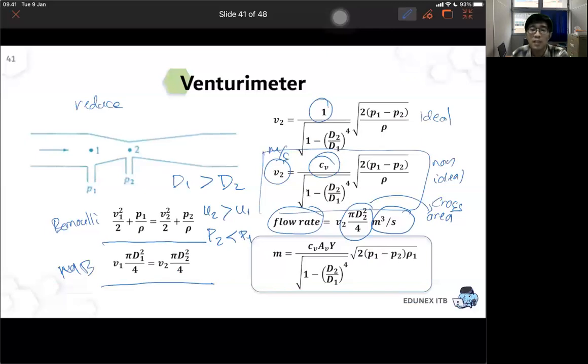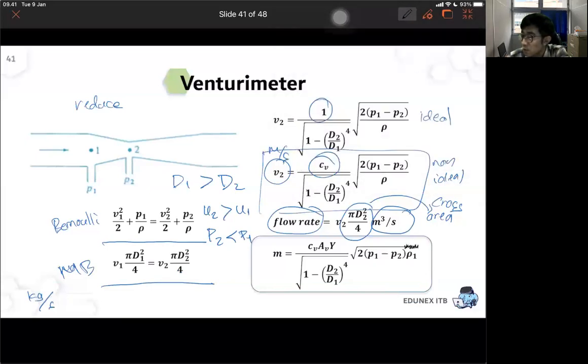If you want to calculate the mass flow rate, which is kilogram per second, then you need to multiply it by the density. So this one, I need to do some correction.